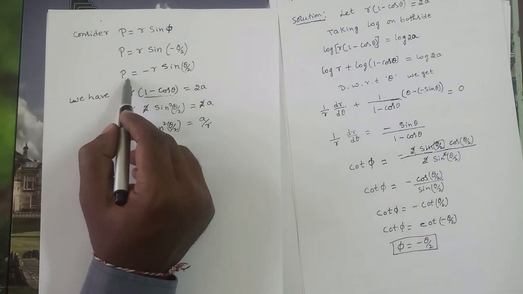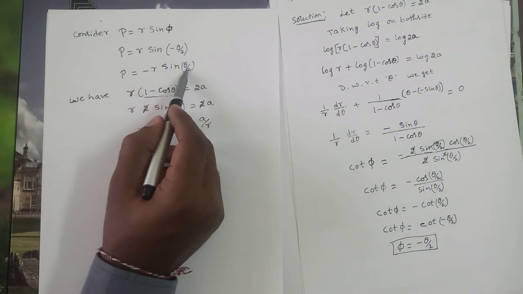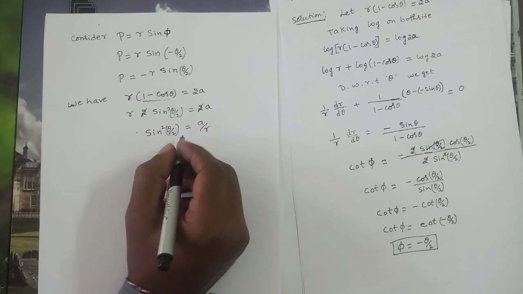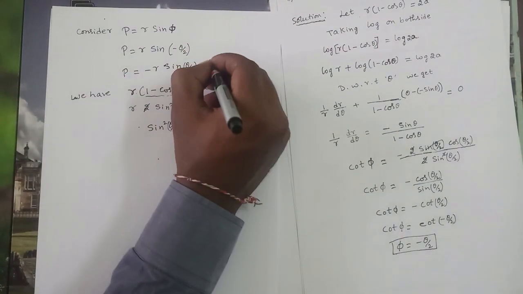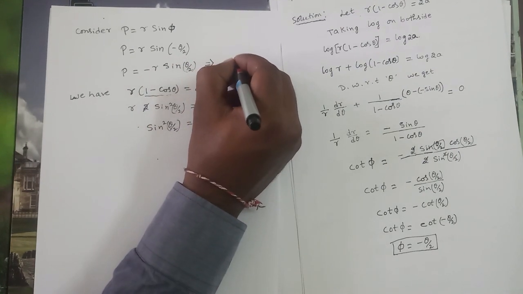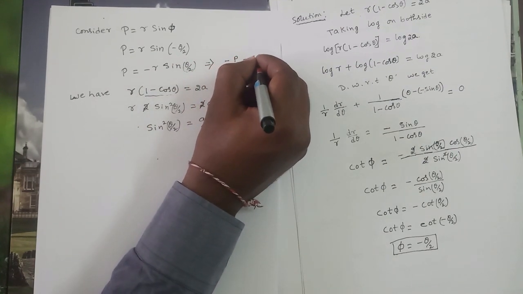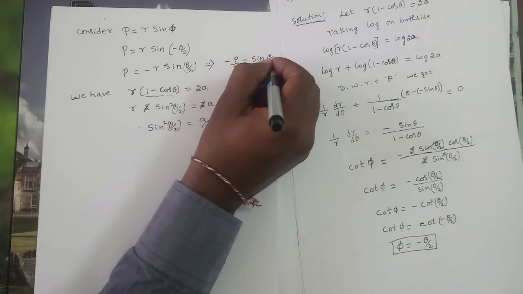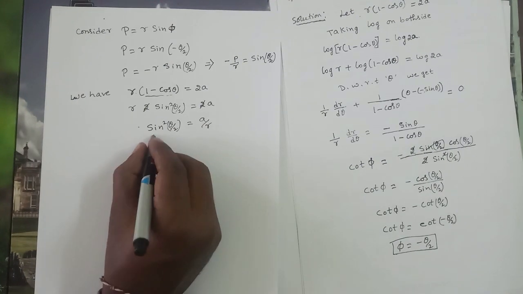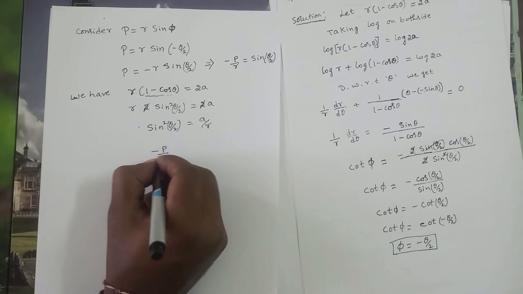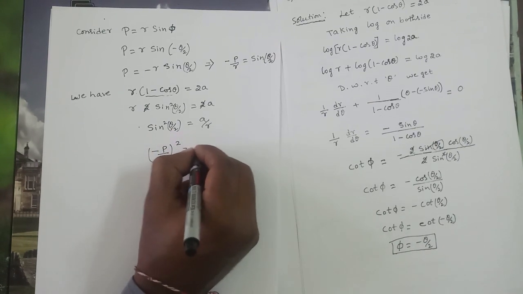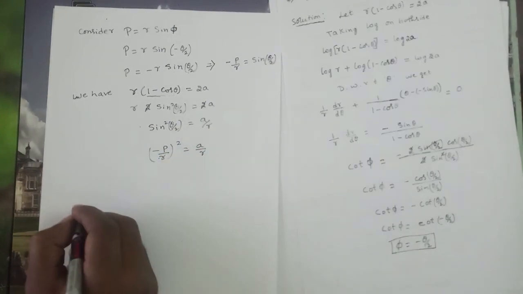Now we know that p is equal to minus r into sin theta by 2. This can be written as minus p by r equals sin theta by 2. So substitute here: minus p by r whole square equals a by r.